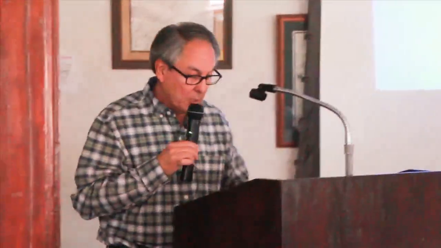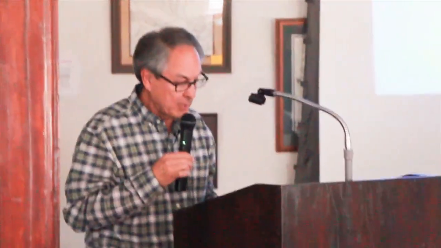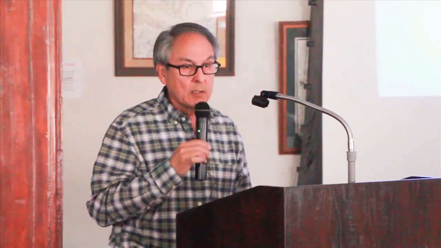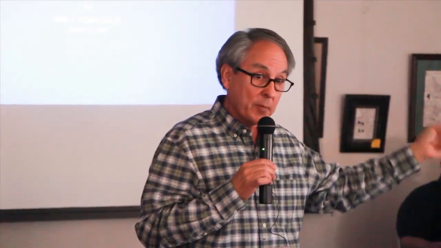Article 9 of the Treaty talks about citizenship. But probably the most important one is Article 10. Article 10 says that the land grants that our ancestors had from way back from the 1700s, or in one case 1693, to 1848 were going to be recognized by the US government.